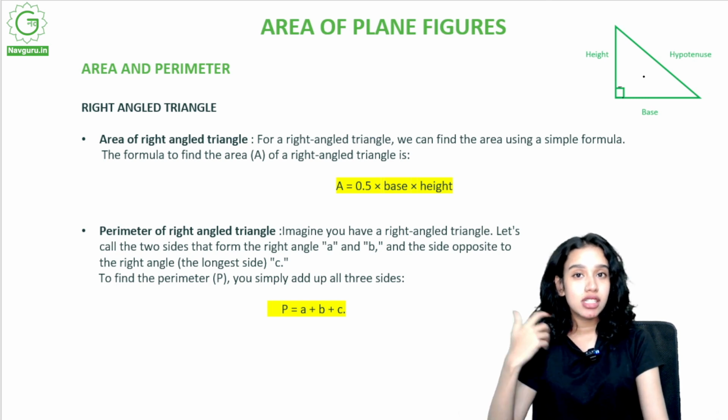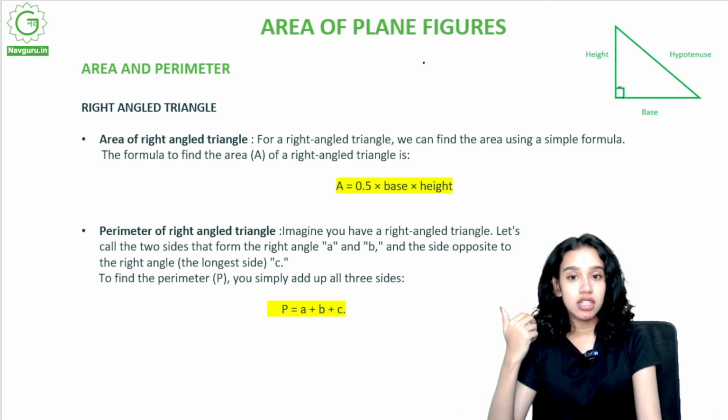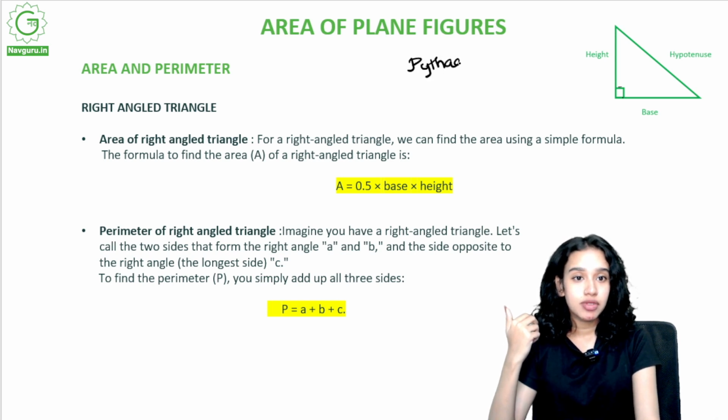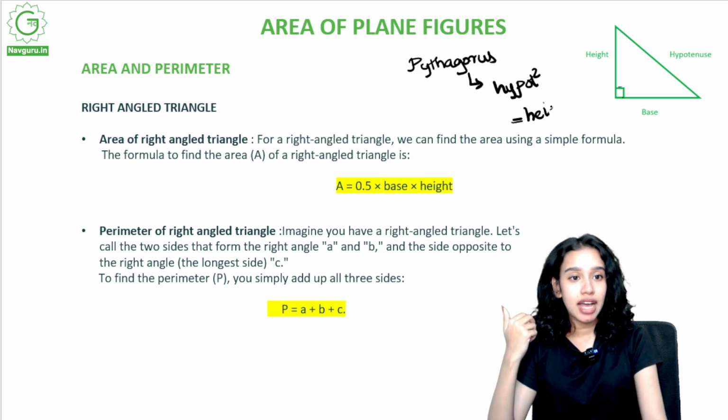We had an interesting theorem about right angle triangles, which is called the Pythagoras theorem. According to the Pythagoras theorem, the hypotenuse square is equal to the sum of height square plus base square, right?